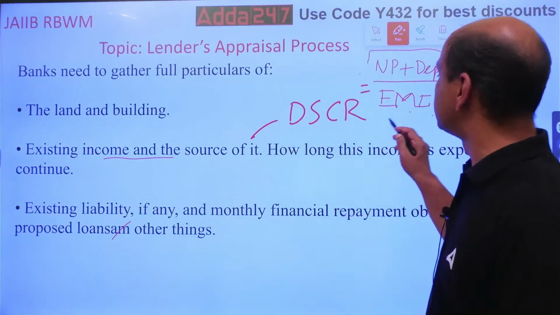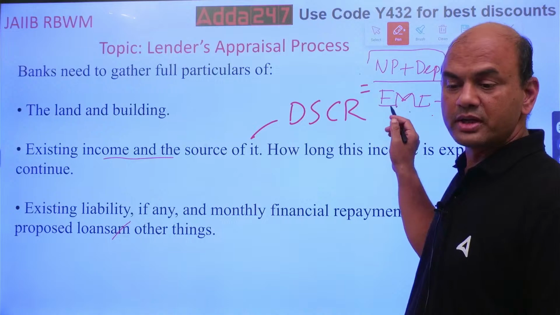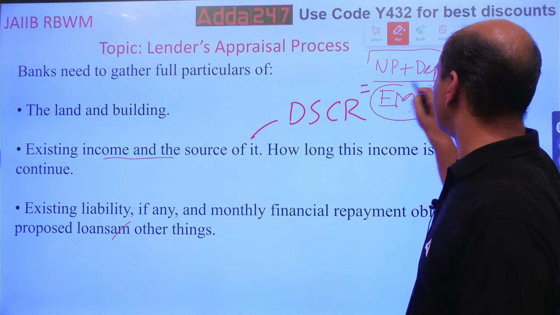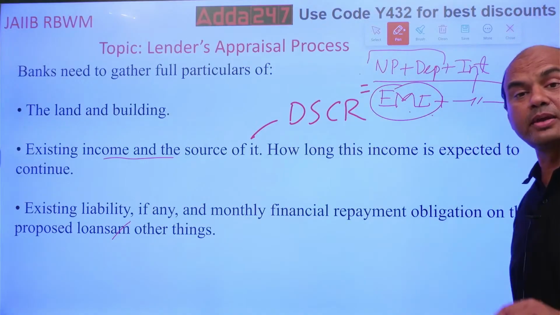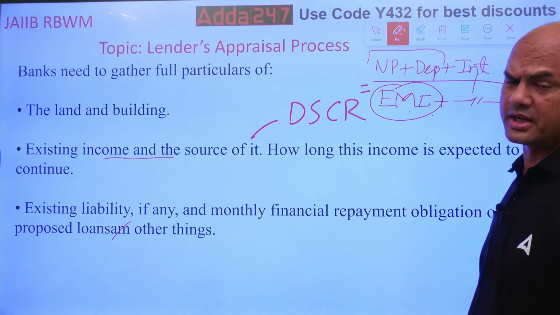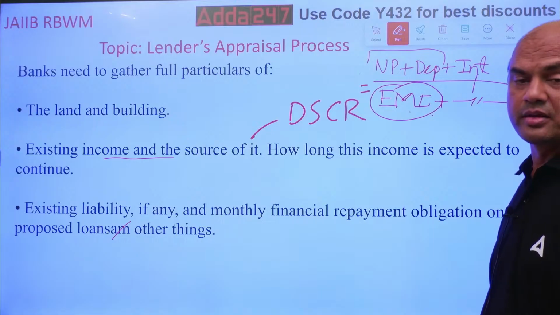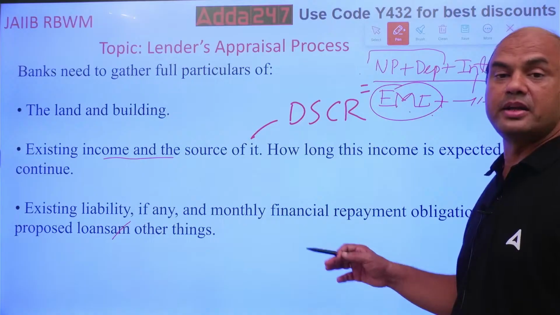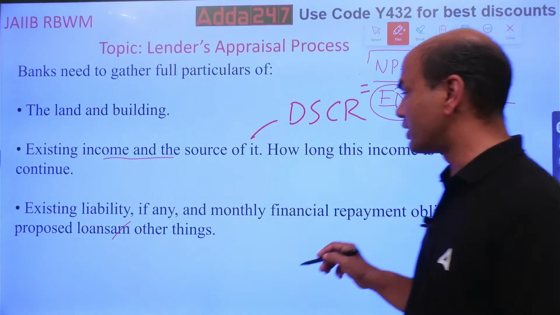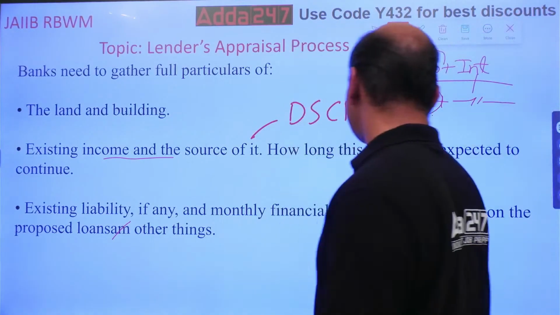That's why we have this DSCR. I told you that in DSCR, all the EMIs are taken. Not only your bank's EMI, but the EMIs of other banks also, other loans also. So, coming back, existing liabilities and what are the repayments here? In this, what do we do? Monthly financial repayment obligation.